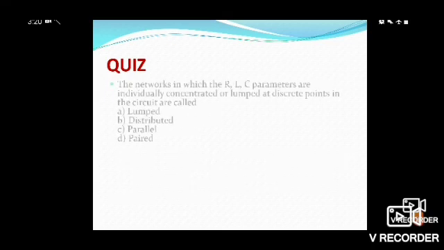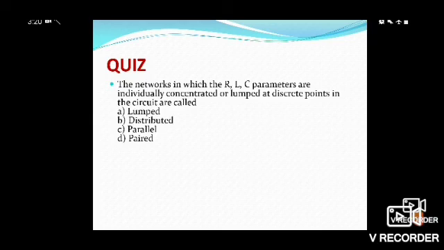And the next question is: the networks in which RLC parameters are individually concentrated or lumped at discrete points in the circuit are called.